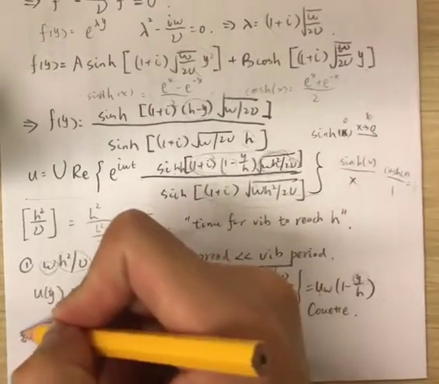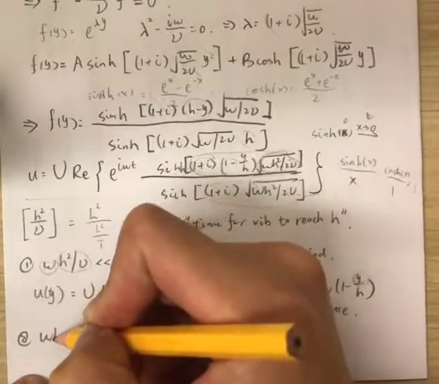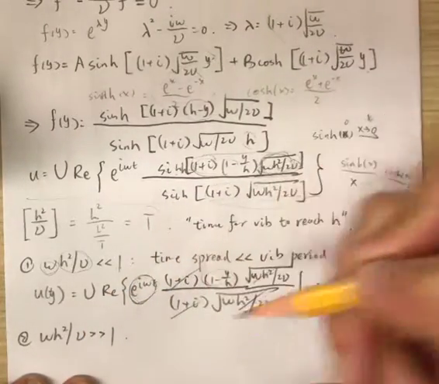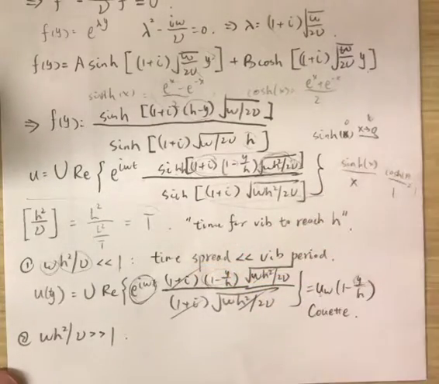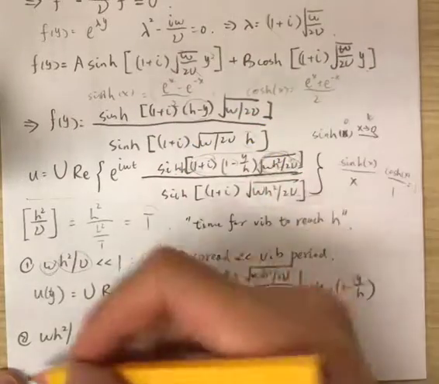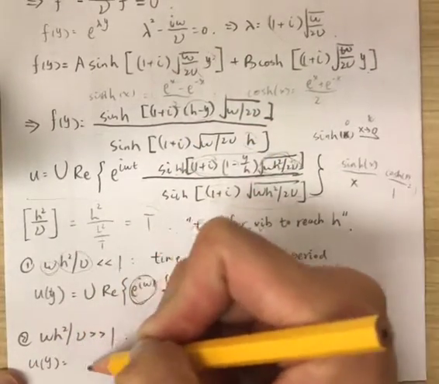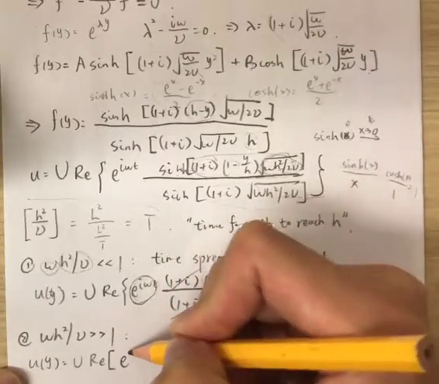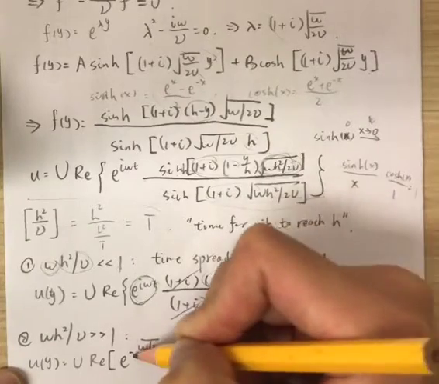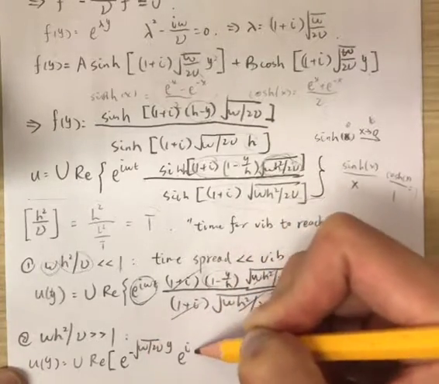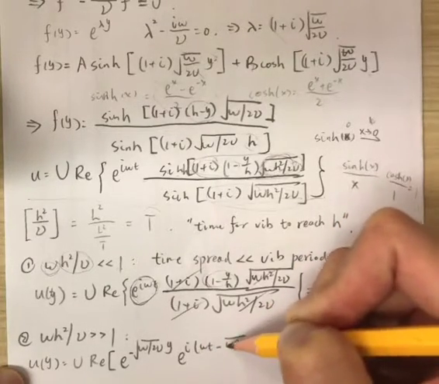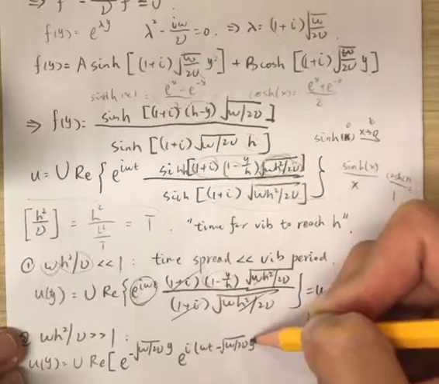So another extreme case is when omega h squared over nu is very, very much larger than 1. Then what will happen? Here, let's look at the asymptotes of the sinh. U(y) is equal to U times the real part of this thing, e to this thing, times e to the i omega t minus omega over 2 nu times y.